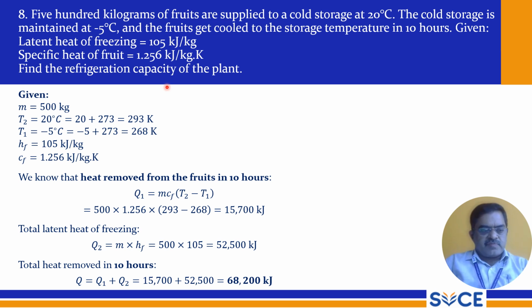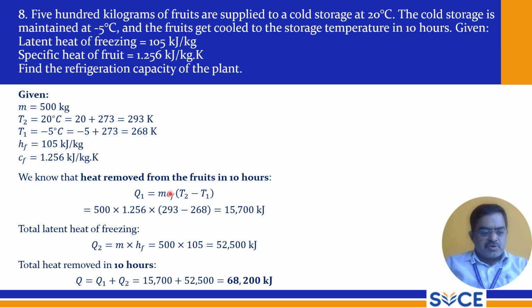So here 500 kilograms, that is mass. T2 equal to 20 degrees Celsius, 20 plus 273, and T1 equal to 268 Kelvin. HF equal to 105 kilojoules per kg. CF is equal to 1.256, that is the specific heat of fruit, kilojoules per kg Kelvin.